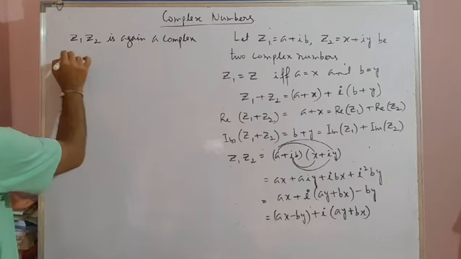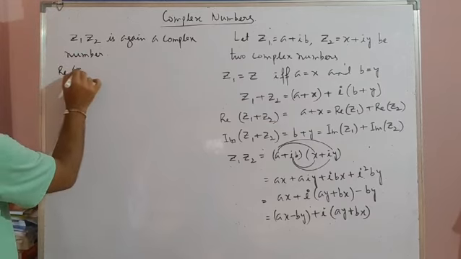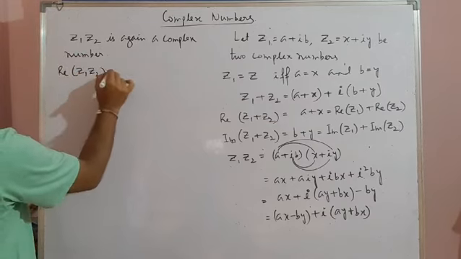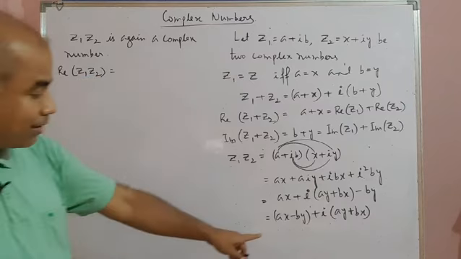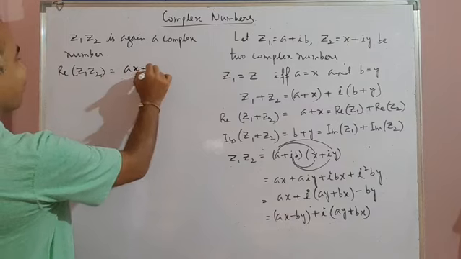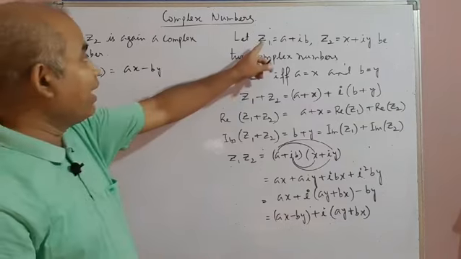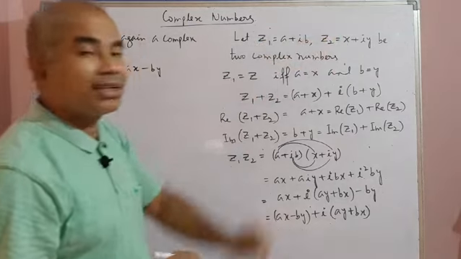If it is again a complex number, then what is its real part? What is the real part of Z1 into Z2? Here it is clear that the real part of Z1 into Z2 is AX minus BY. What is A? What is X? A is the real part of Z1, X is the real part of Z2.